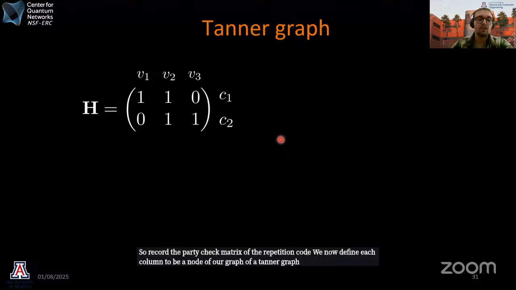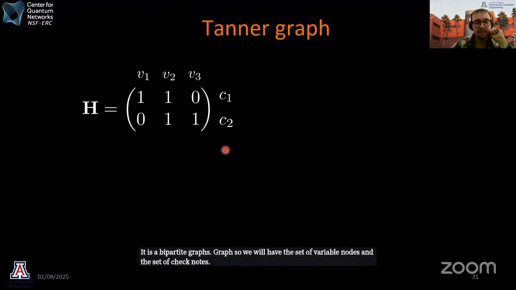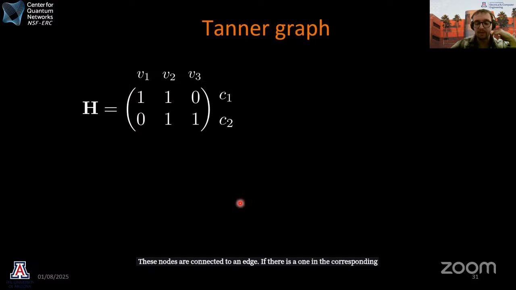We call it a variable node. And each row of the matrix is another type of node, which we call a check node. It is a bipartite graph, so we will have the set of variable nodes and the set of check nodes. These nodes are connected by an edge if there is a 1 in the corresponding entry of the matrix.